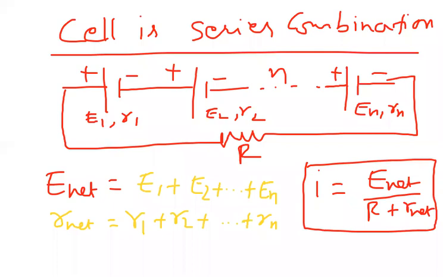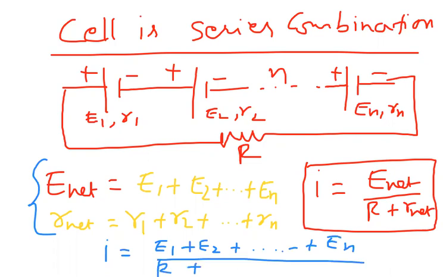I can conclude the current is equal to E1 plus E2 plus, and so on up to En, divided by R plus R1 plus R2 plus, and so on up to Rn.